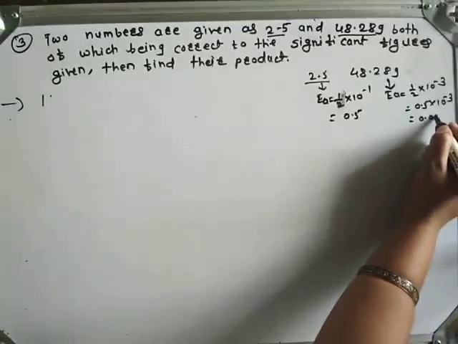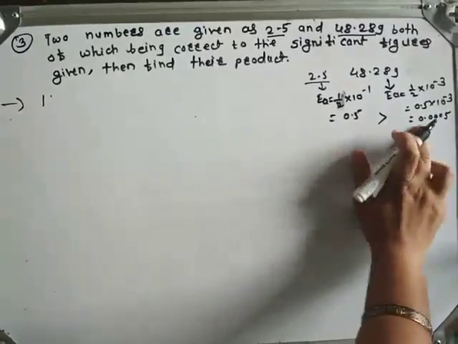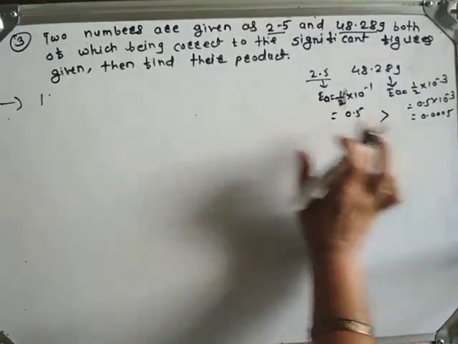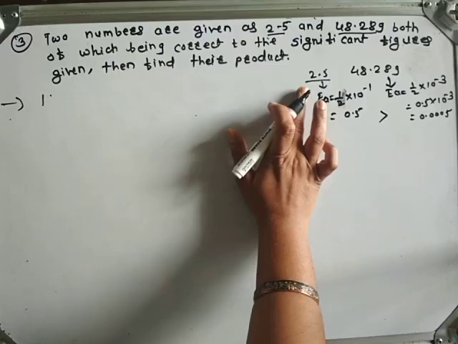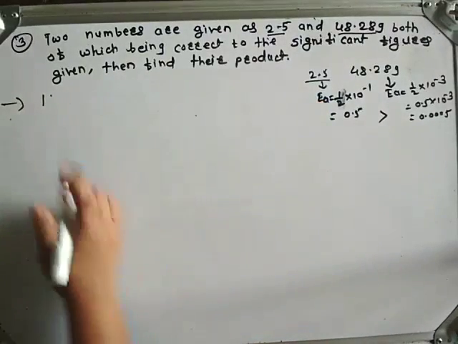See here, this number is rounded to 3 decimal places. Therefore, absolute error in this number is 1 by 2 into 10 raised to minus 3, which is equal to 0.5 into 10 raised to minus 3, which is equal to 0.0005. Obviously, 0.05 is greater than 0.0005. Therefore, 2.5 is the number with greatest absolute error.